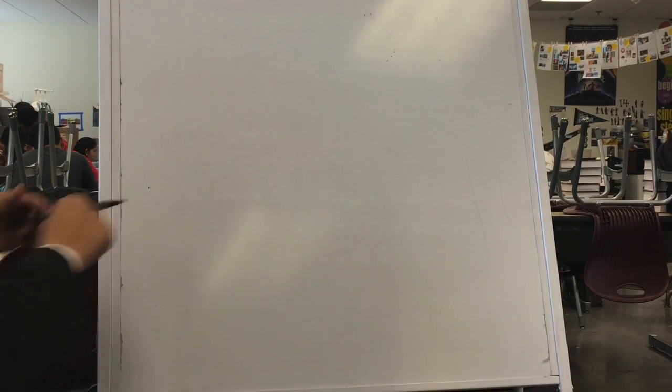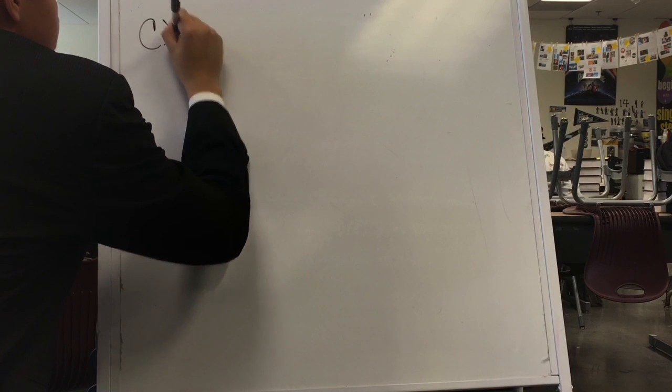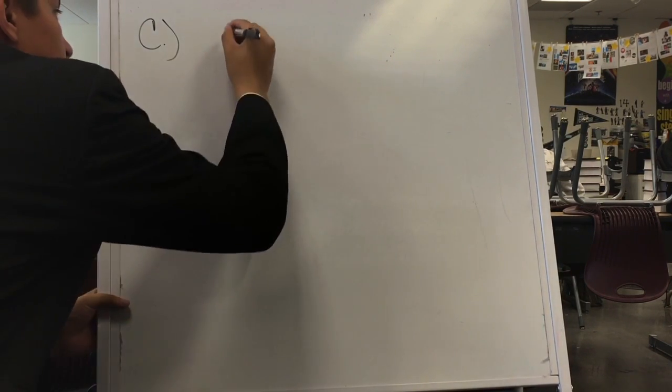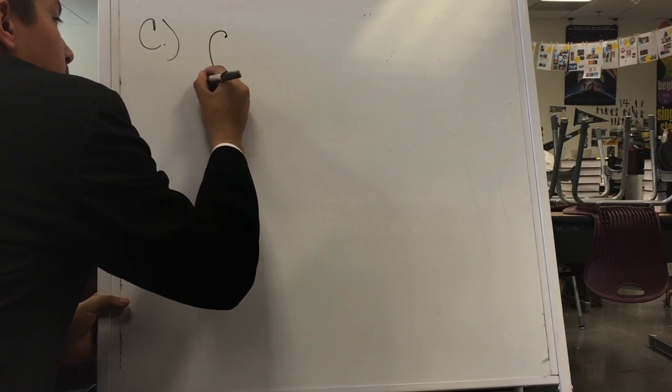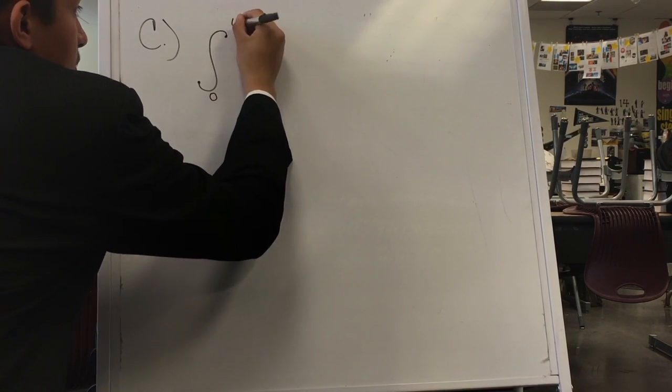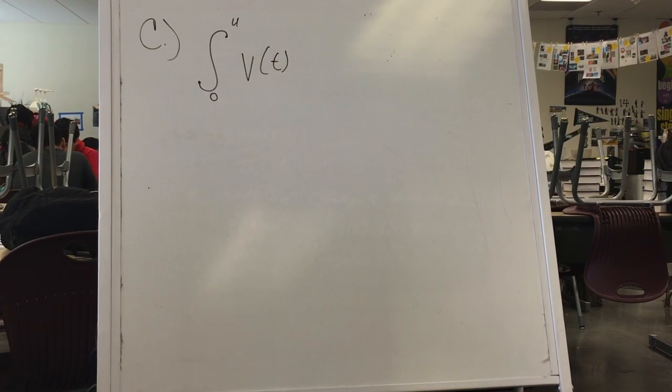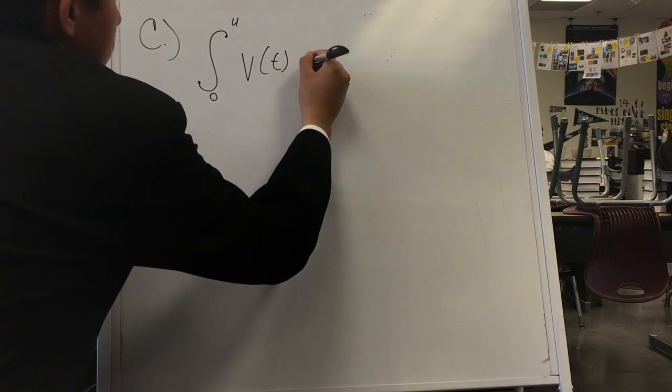Now that we finished B, we're gonna move on to C. So C says find the position of the particle at time t equals 0. So what we're gonna do is do the interval from 0 to 4 of b of t dt.